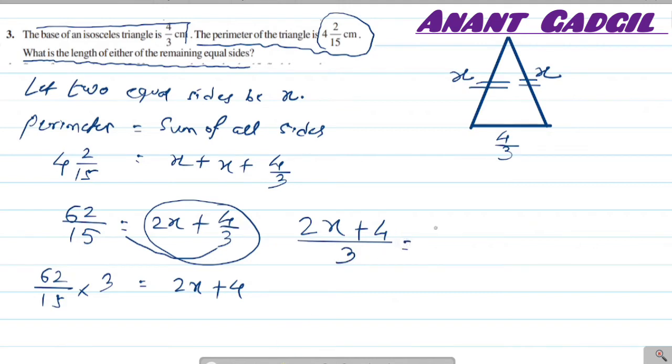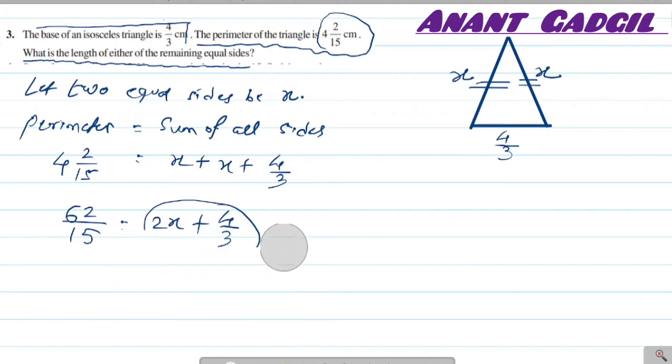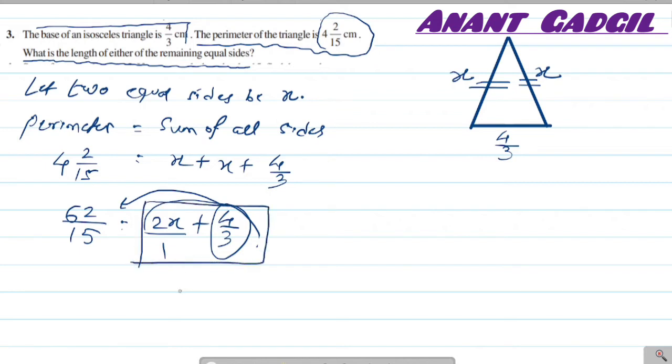If it was like this, then in the next step you can take this 3 to the other side and make it multiplied. But here we cannot do it like this. So what can we do? Either we can take this 4 by 3 to the other side, or if you want to do the cross multiplication here only, you can do that also. It is up to us. We can do by both the methods.